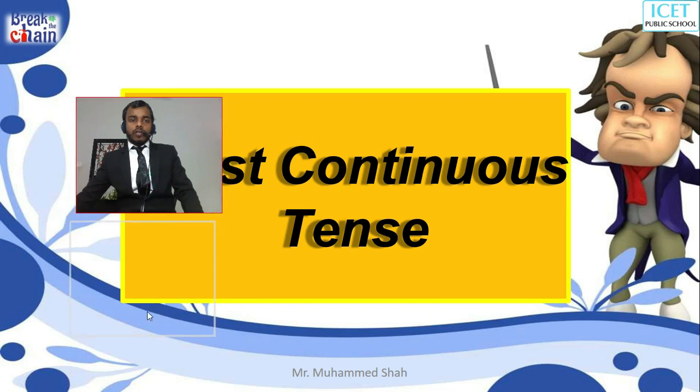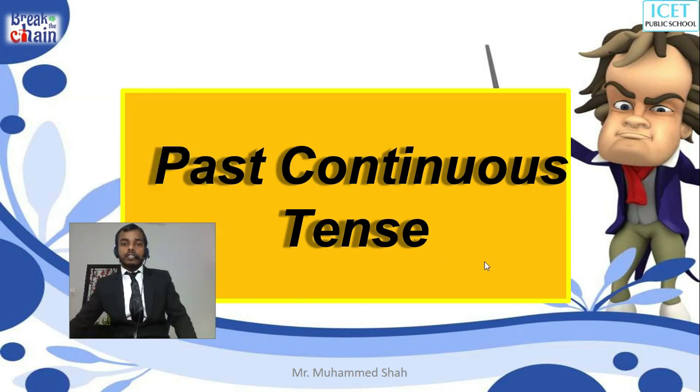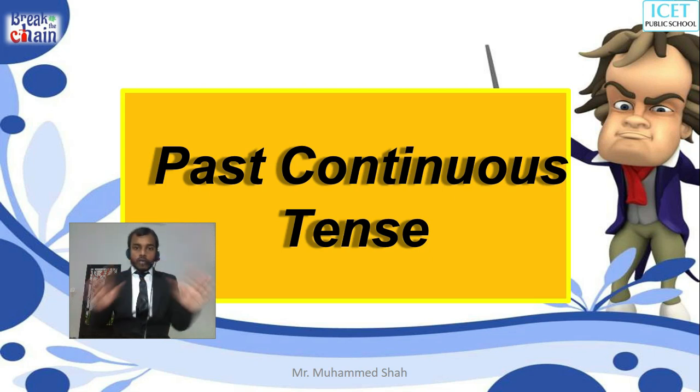Then we are moving on to past continuous tense. In past continuous tense, the formula, the usages of it, and examples, these three things we are going to discuss. Simple past we learned. Don't forget what we discussed. Where we use simple past tense, mainly two places: one is an action that has just finished, not long ago.